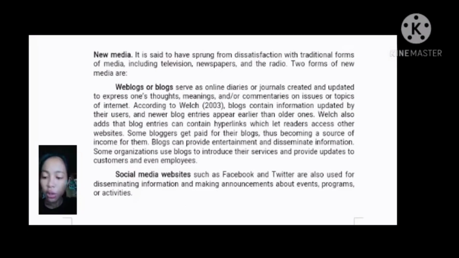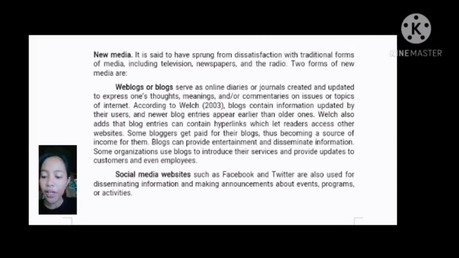According to Welch 2003, blogs contain information updated by their users and newer blog entries appear earlier than older ones. Welch also adds that blog entries can contain hyperlinks which let readers access other websites. Some bloggers get paid for their blogs, thus becoming a source of income for them.